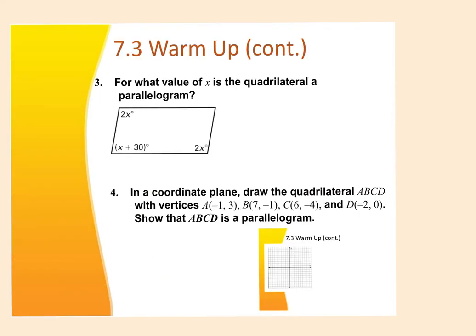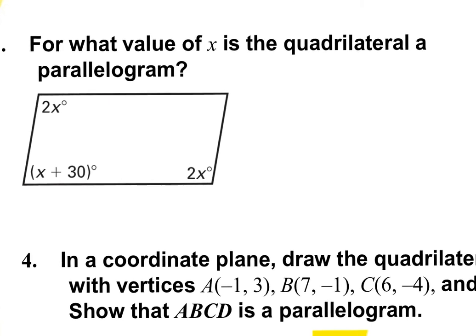All right, third one said, for what value of x is the quadrilateral a parallelogram? Okay, 2x would equal 2x, but 2x plus x plus 30 has to equal 180.